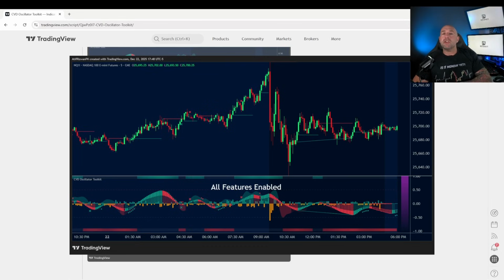So every major visual component of the indicator can be enabled or disabled independently. This allows users to tailor the display to their preferred workflow and level of detail. This includes elements such as the delta histogram, the oscillator columns, highlight candles, edges, clouds, upper lower bands, the ROC momentum meter, and threshold reference lines.